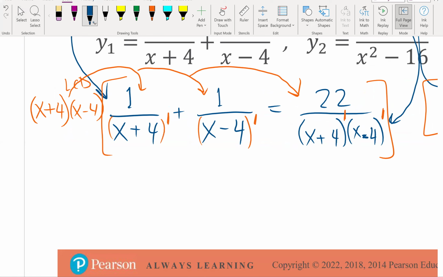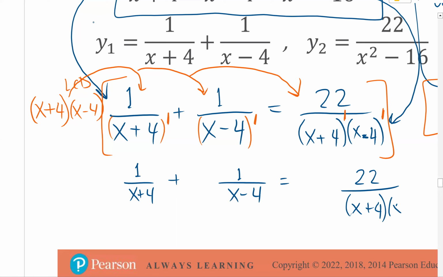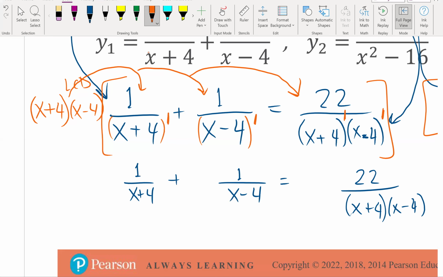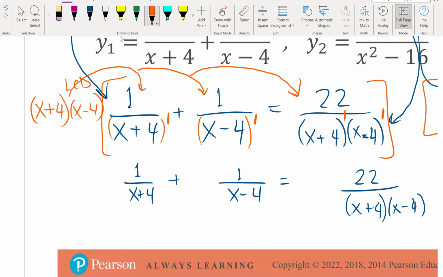Feel free to skip this kind of step because I'm maybe super paranoid. But like I did in the last couple of examples, I always rewrite it again with a lot of room on the left side. And I give each fraction, or I should say each term, their own LCD. And then I can see individually how things cancel. So that whole LCD I wrote in orange, I'm going to write next to everything.